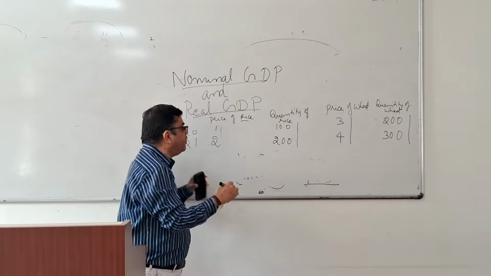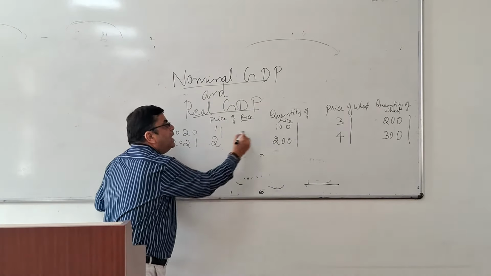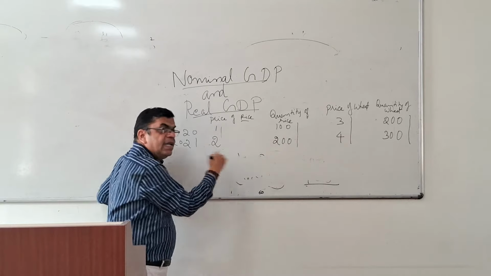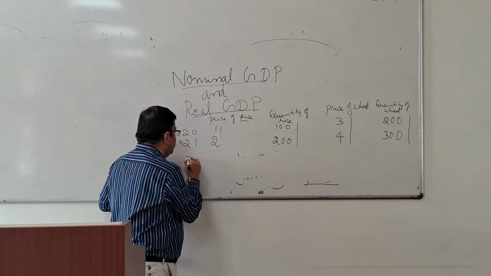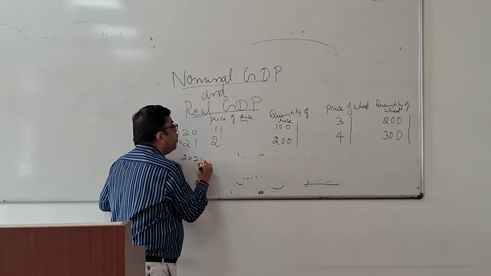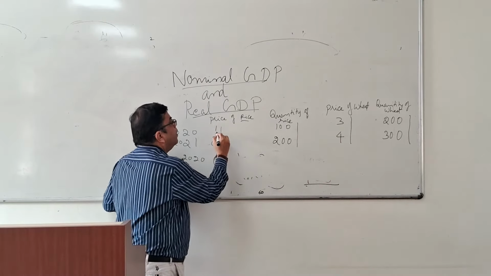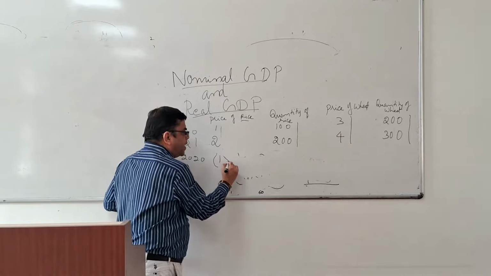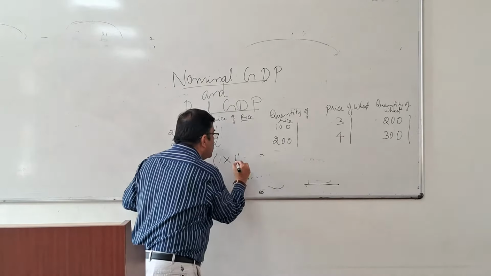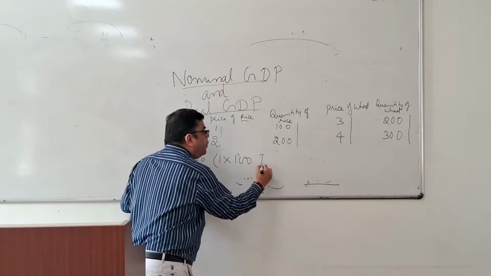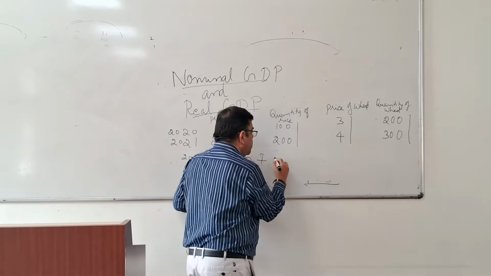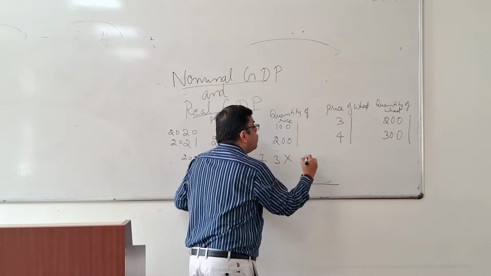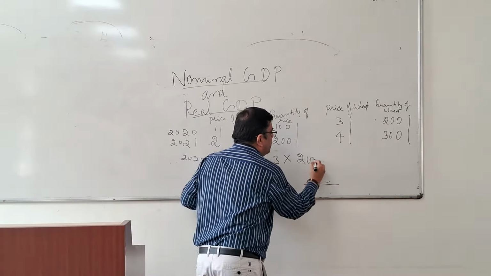Now in nominal GDP, I multiply the quantities with the current year prices. So in 2020, the nominal GDP is the price of rice per unit into the quantity of rice produced plus the price of wheat per unit into the quantity of wheat produced.